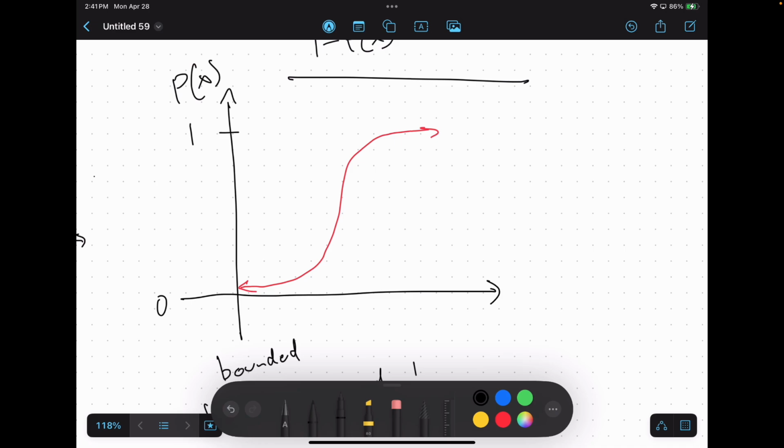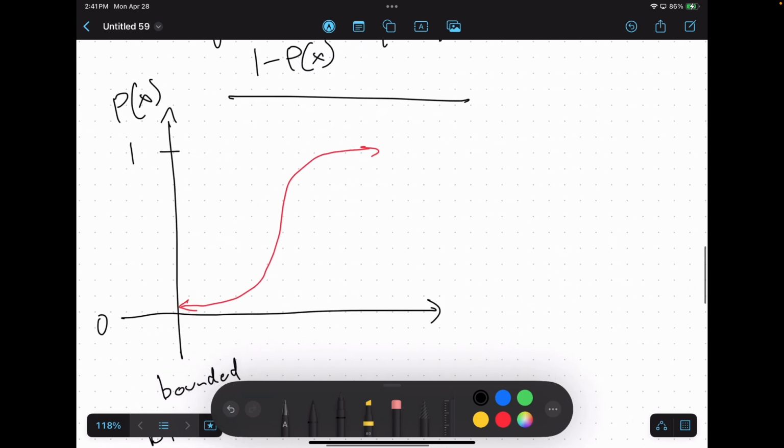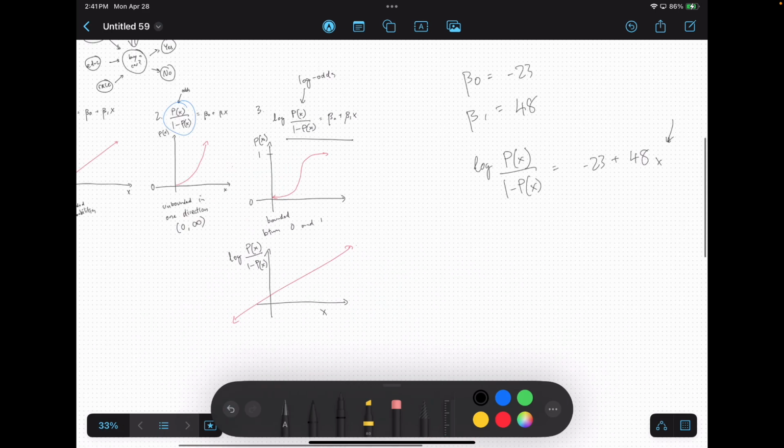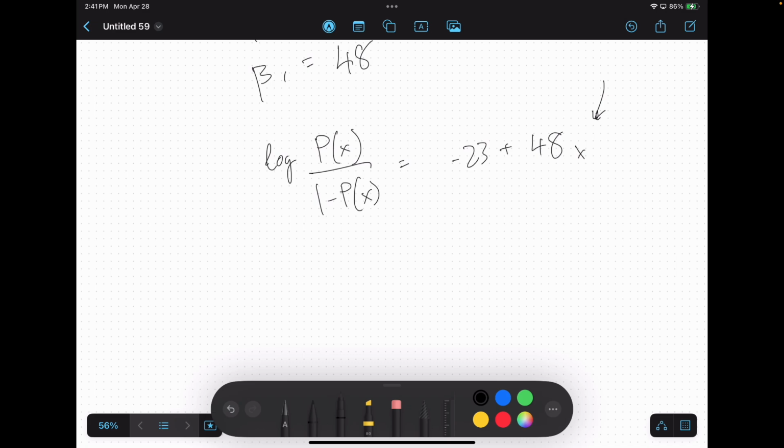But if I'm here and I go 1 unit in the x direction, the amount that changes is like that, right? And so now you have this nonlinear relationship between the probability outcome and where you're starting on x. And so that matters as well. So we can't make this simple statement about, oh, as x changes by 1 unit, y will change by some amount. Now it depends on where you're starting in x, okay? So that's one piece that's also different.